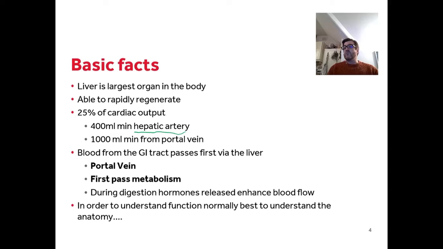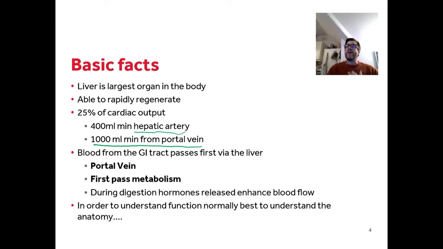And for most organs, the artery branch from the aorta is the main blood supply. But in the liver, the hepatic artery only supplies about a third to a quarter of the total blood. Most of the blood supply, at a much larger volume, about 1 litre per minute, is from the portal vein.